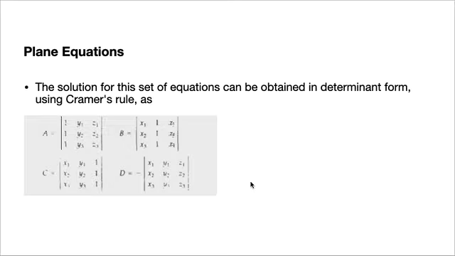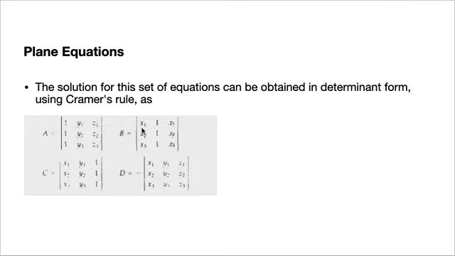Then the solution for that equation can be obtained in determinant form using Cramer's rule as A equal to the determinant of rows 1 y1 z1, 1 y2 z2, 1 y3 z3.